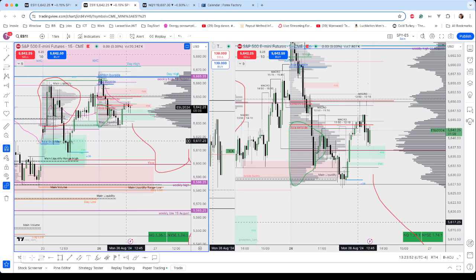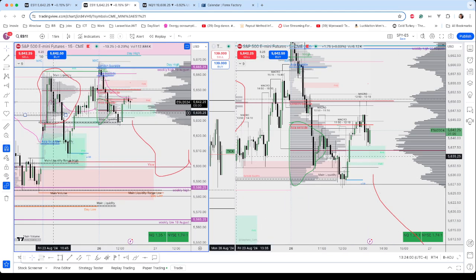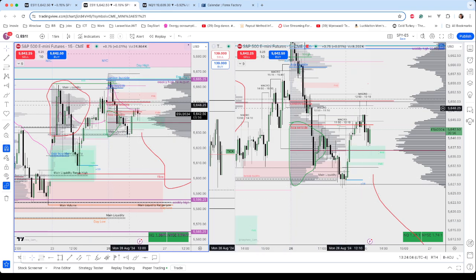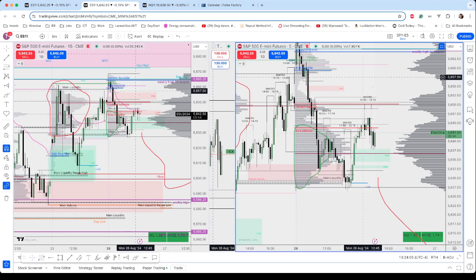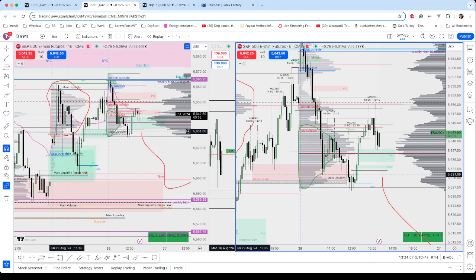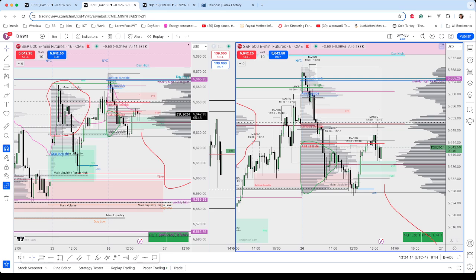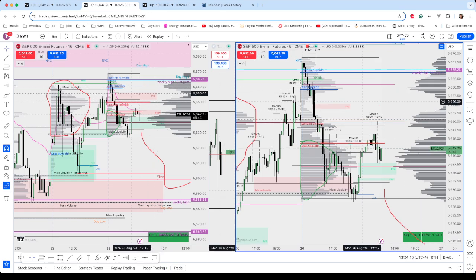Well, actually, why not? Let's just drop it. I would say main liquidity. Yesterday's main liquidity sweep explained. Main liquidity. Yesterday's or previous day main liquidity strategy explained. Yeah, that's how I'm gonna call it.